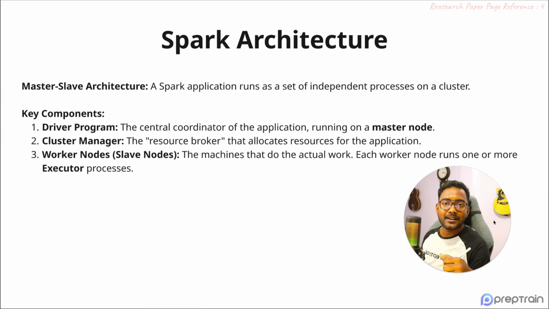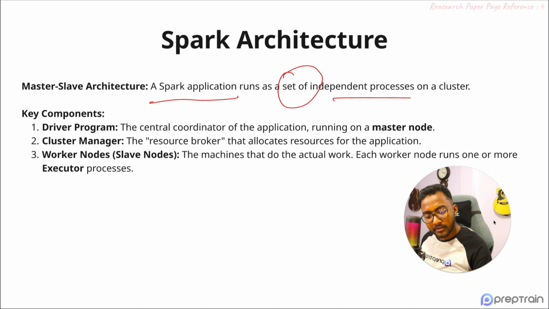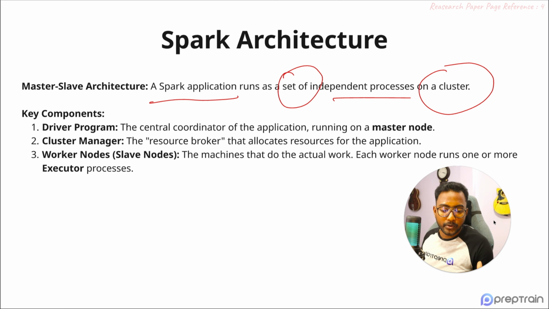When we talk about Spark architecture, the first line of this slide is important. A Spark application runs as a set of independent processes on a cluster, and this is basically the core concept of distributed computing. You are not running a single program on a very big machine.